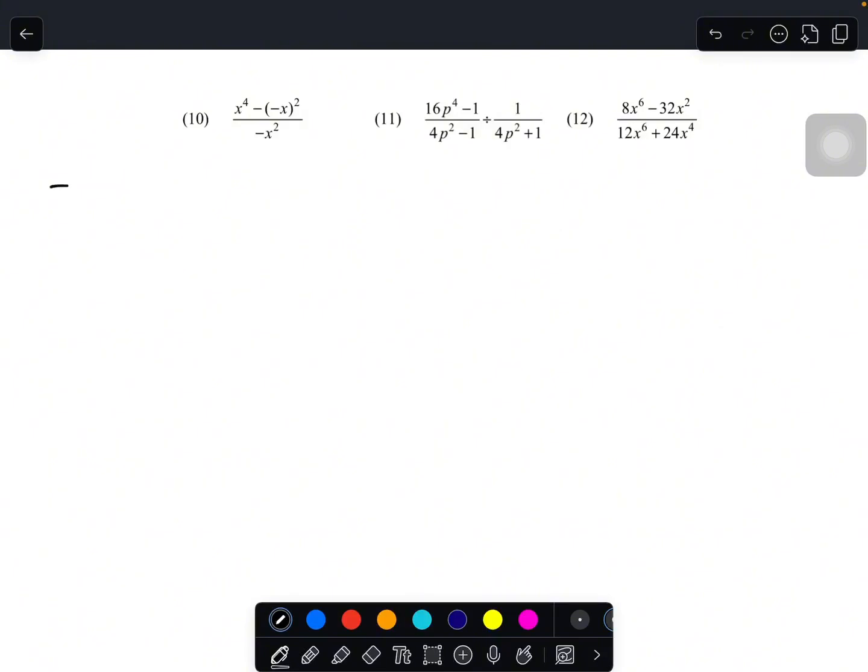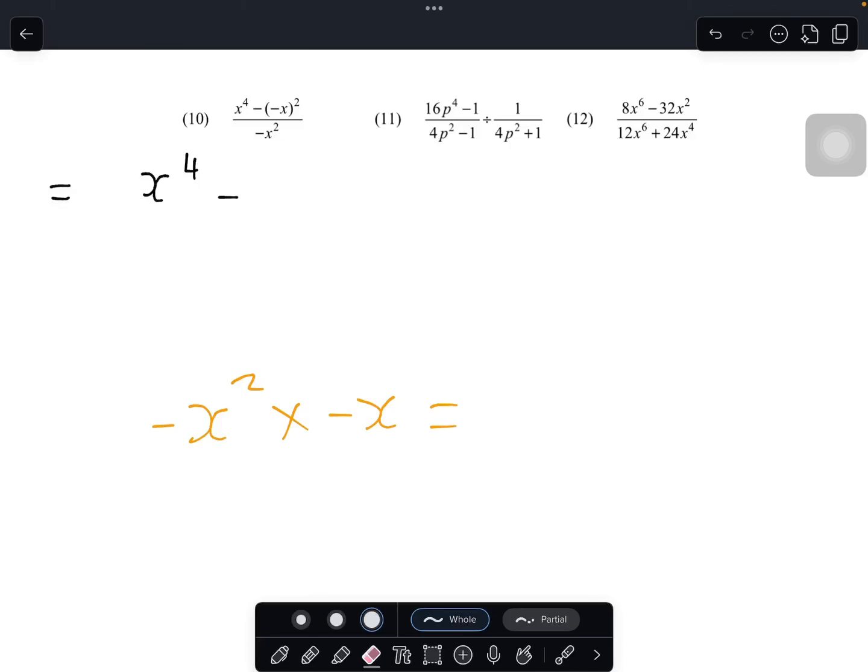So you look at number 10, and here the first thing we need to do is square this right here. So we're going to have x to the power 4, minus, and negative x squared times negative x squared will give us, negative x times negative x will give us x squared.